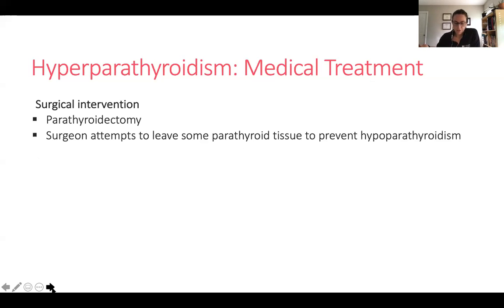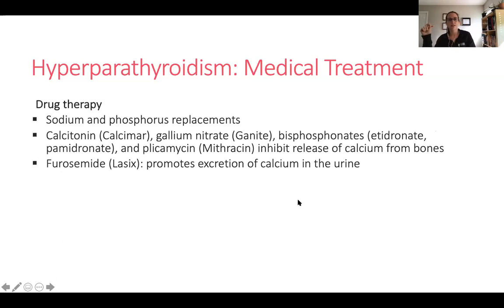They might have to transport the glands to other places in the body so they still have their function. So they can transplant it to a muscle in the forearm or the neck. That way it can continue to secrete PTH and not cause further problems. And if possible, they'll leave some parathyroid tissue where it was in the neck or the mediastinum, but they can move it if necessary.